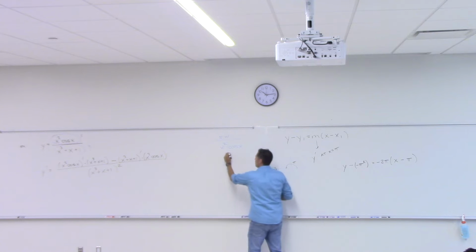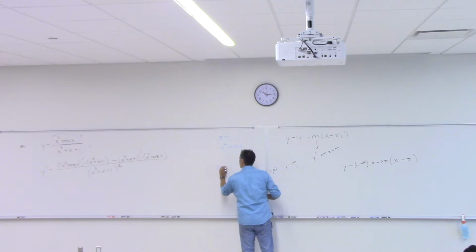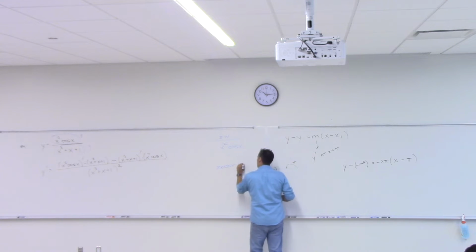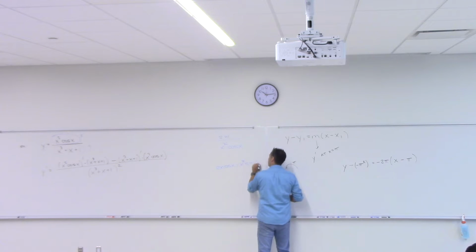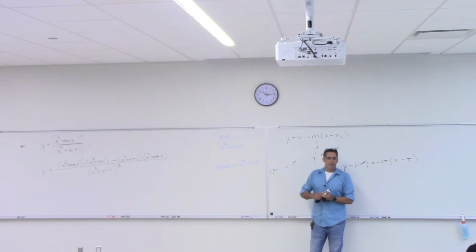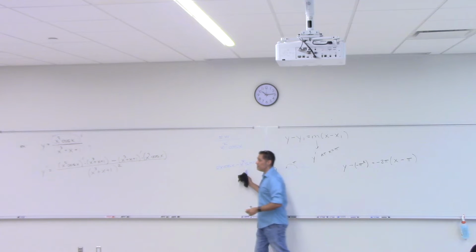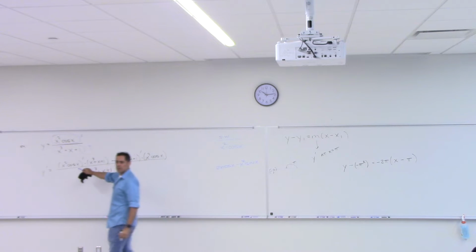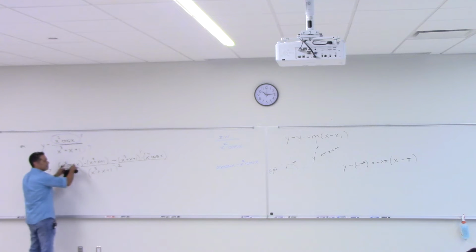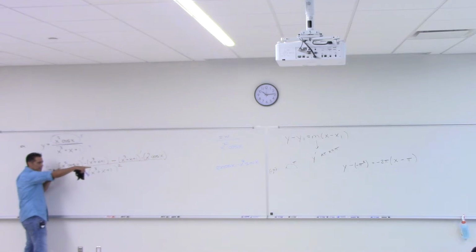And when we did that, we got 2x cosine x minus x squared sine x. Isn't that what we got? Yeah. That's the previous problem. That's now just the top left corner of this expression. That right there, that over there in blue, goes right here.